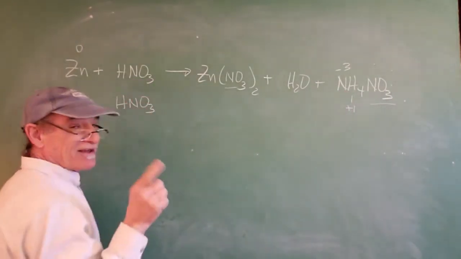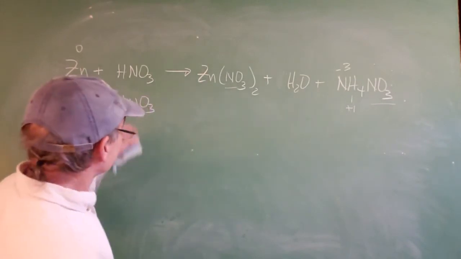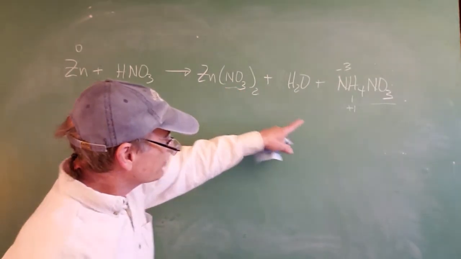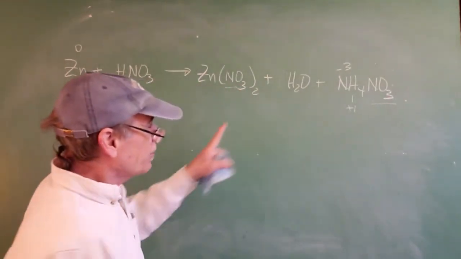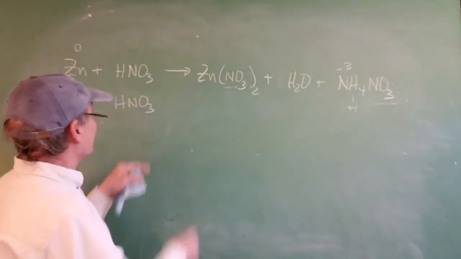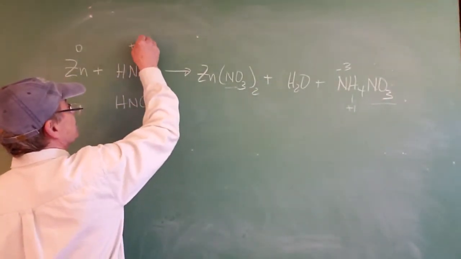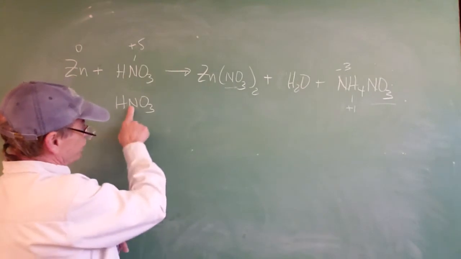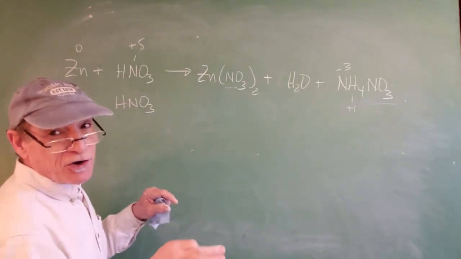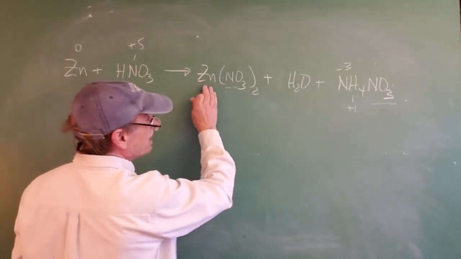Just like we did in our last example, I'm going to let one of them just go along for the ride and make up these nitrates and that nitrate. But there's one nitrogen I know ends up here as a -3, and it started off as a +5. So did this one.